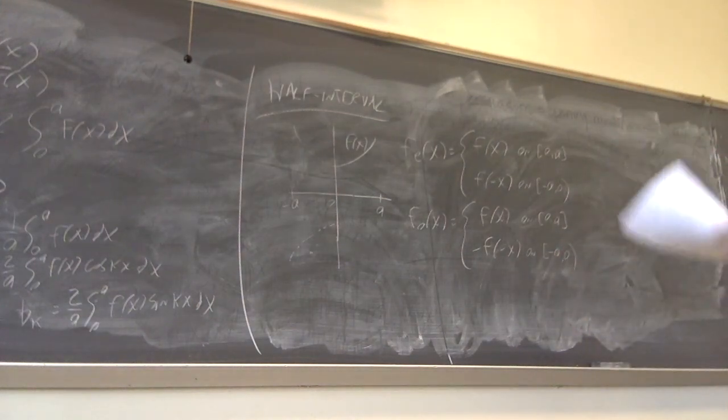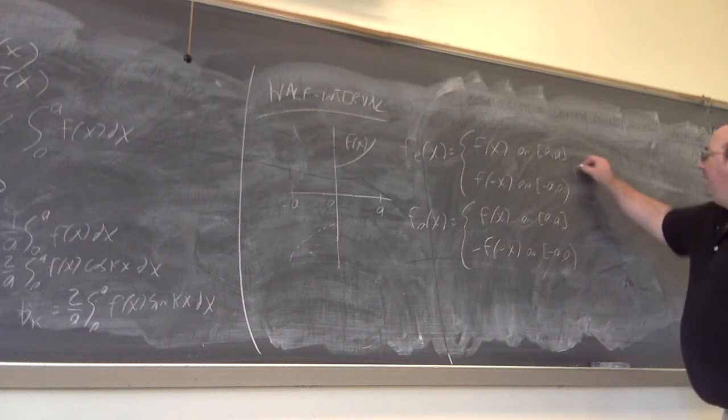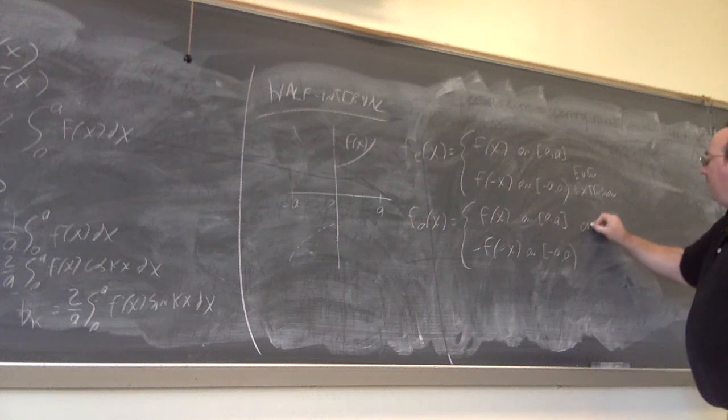As we see in this particular example, that will lead to a discontinuity unless f of 0 happens to be equal to 0. Then it will hook up nicely. So this is called an even extension, and this is called the odd extension.